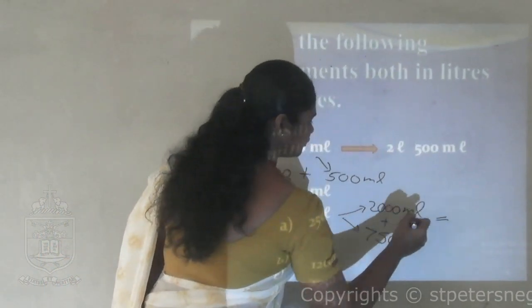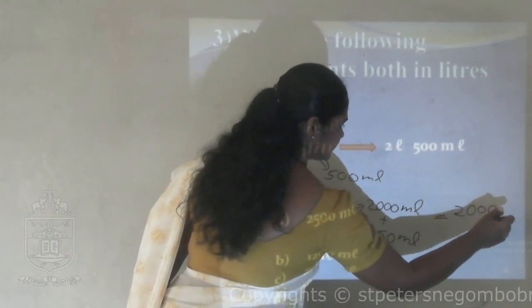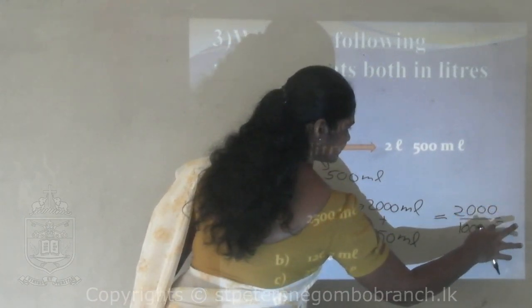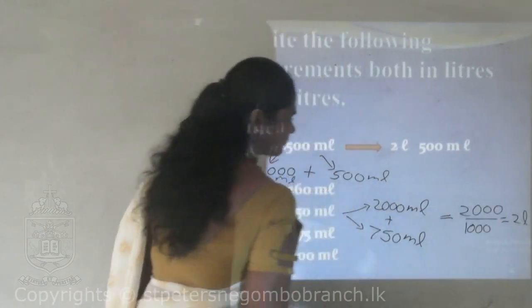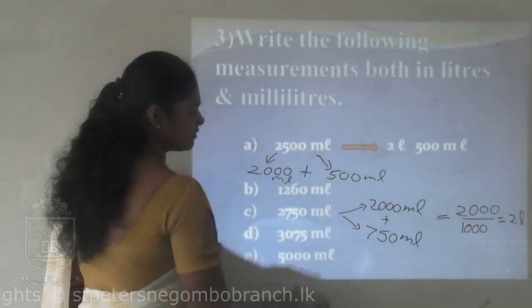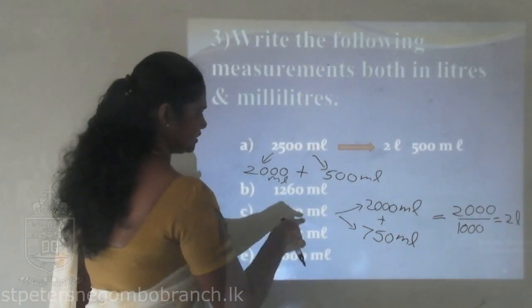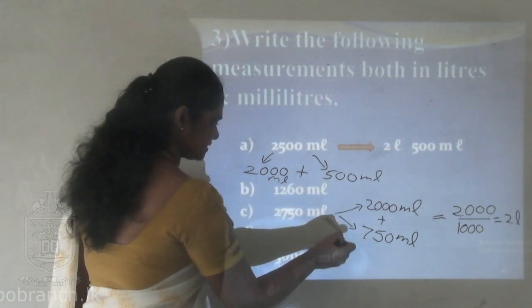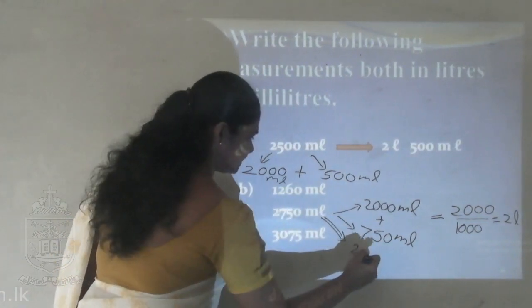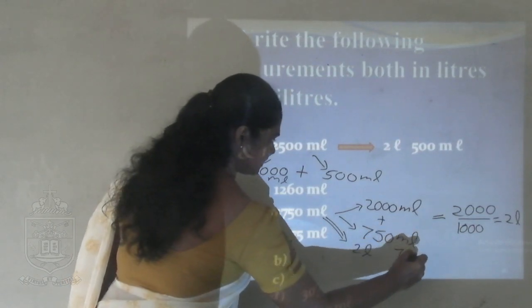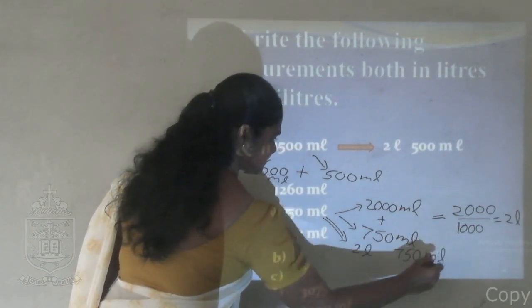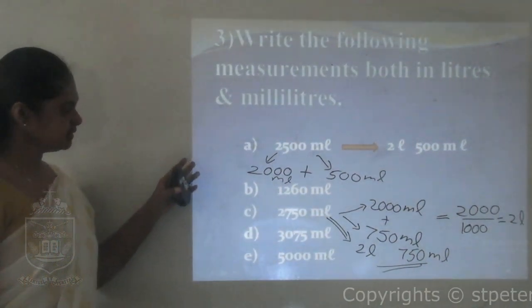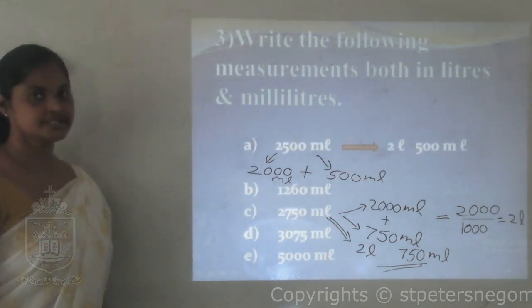So when you divide 2000 by 1000, you get 2 liters. And then the 750 will be remaining. So what is the answer children? The answer would be 2 liters and 750 milliliters. I hope it's clear for you. You can complete the rest of the exercise on your own.